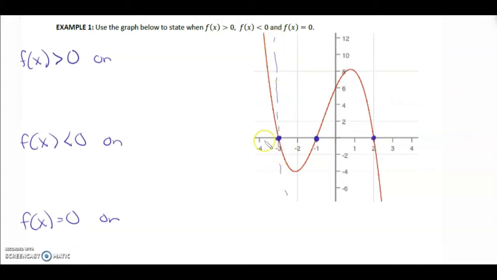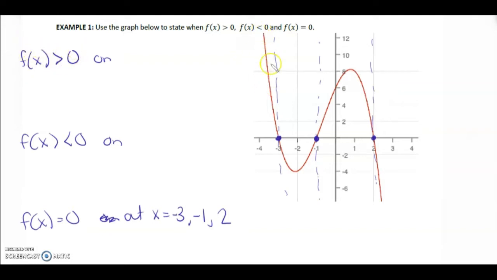So we have an x-intercept at negative 3. So let's put x equals negative 3, x equals negative 1. So that's going to be another section. And then x equals 2. Okay, so next one. When is f of x greater than 0?